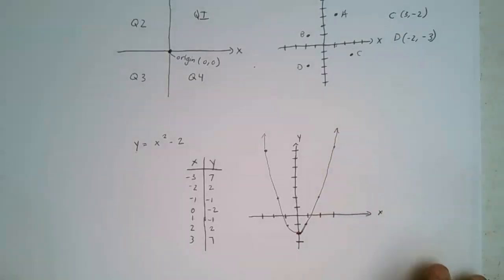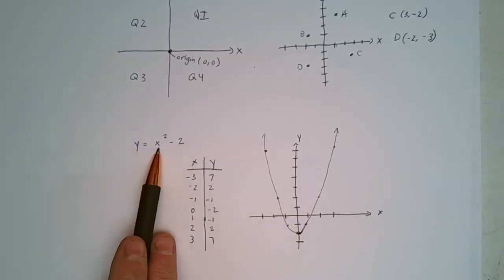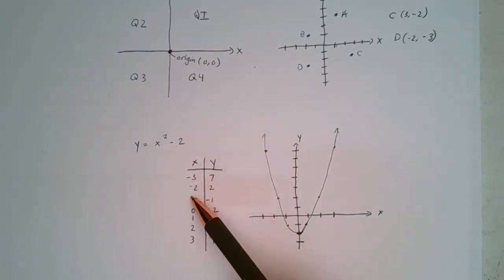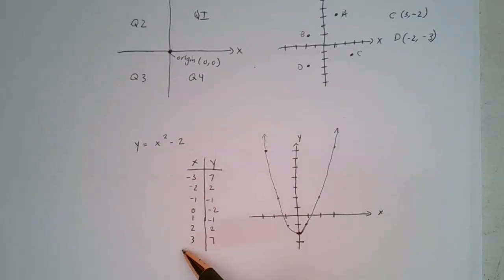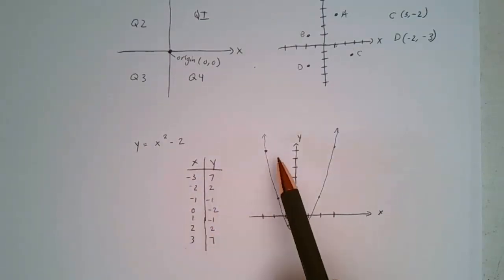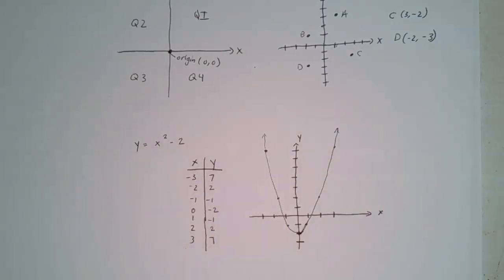And that's how we get the shape of a graph, by plotting points. And so if you're given an equation, you're going to guess x values, plug those into the equation to find y values, plot the points, connect the points, and sketch a graph. This is how we have come up historically with new graphs and new shapes in mathematics, is by plotting points.